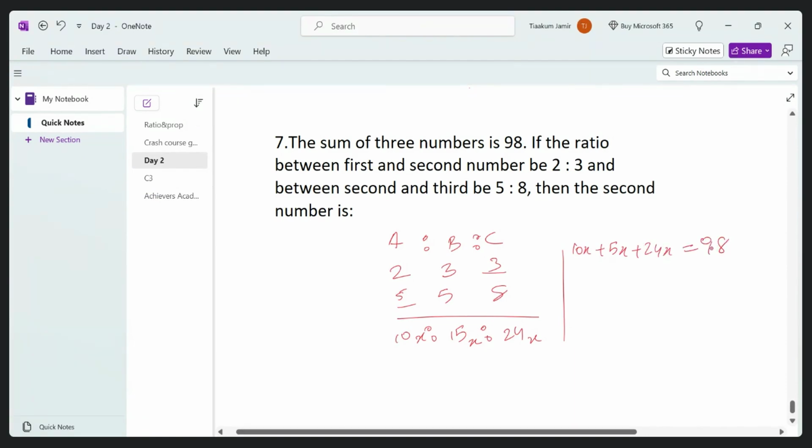From here, if you add it, are we getting 49x? 49 one times, two times. That means x is equal to 2. The second number is B, what did you get? 15x. Therefore, 15 into 2 will give us what? 30. Hence, 30 is the answer.